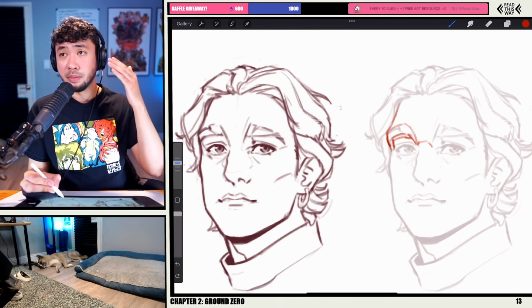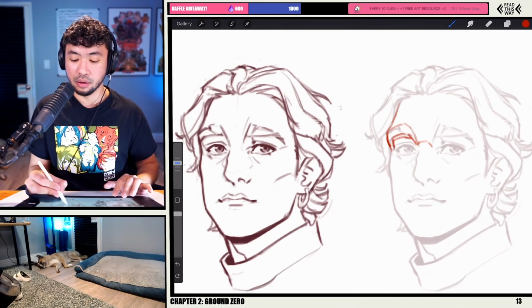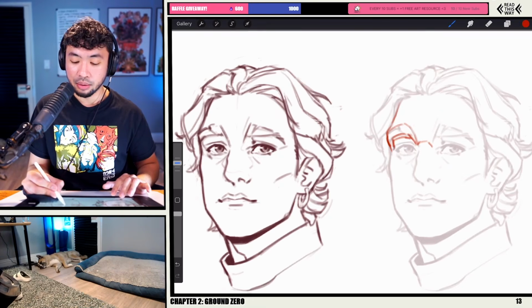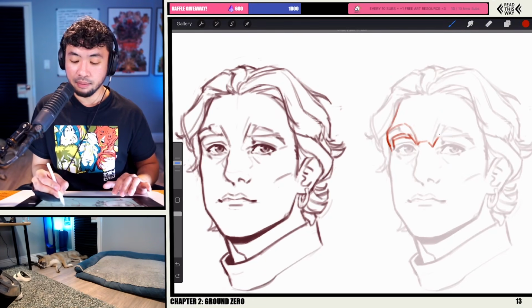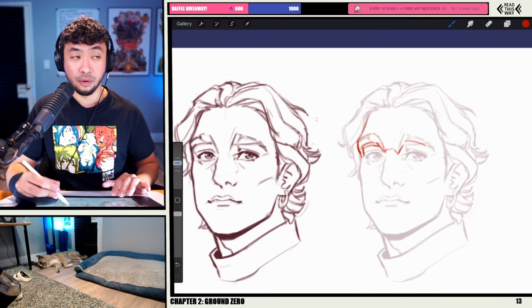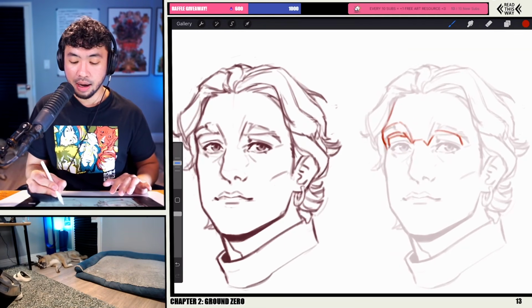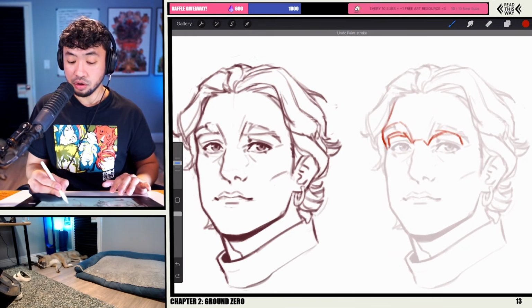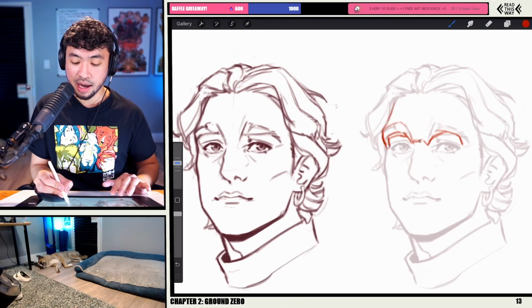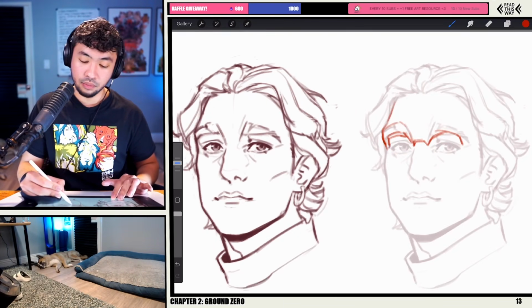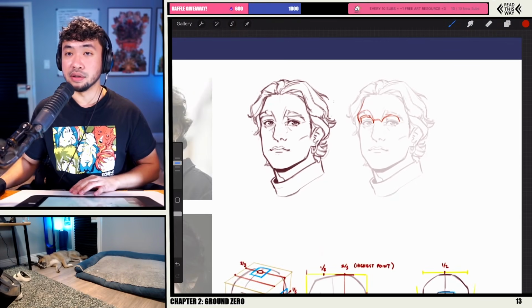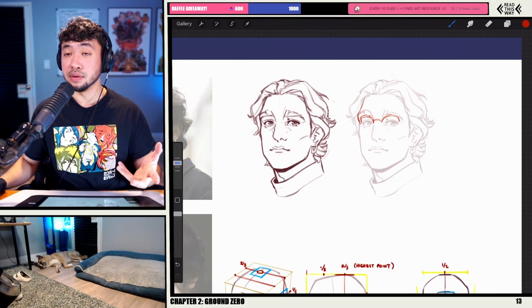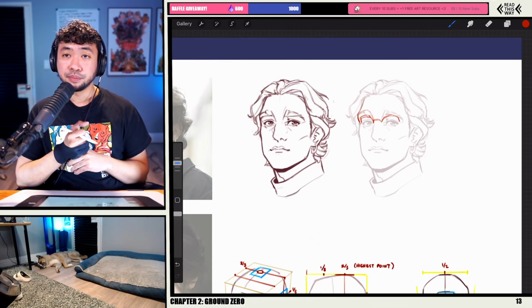So you have someone with maybe a more prominent brow ridge versus somebody who has a more shallow depth there. So understanding this area of the head, especially if you're trying to push your form and get a little bit more realism, which you might not be for those of you who are more of the stylized anime style, which is kind of what I do, it's still beneficial to understand these things because it'll allow you to make the simplifications that you need.